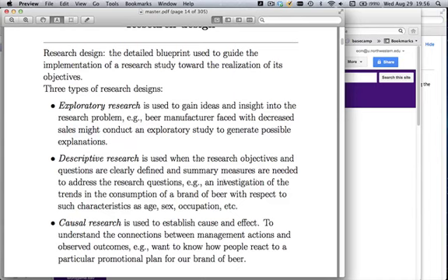The example I give here is perhaps this beer company wants to investigate trends in the consumption of its beer with respect to characteristics such as age, sex, occupation, and so forth. This actually happened to a beer called Pabst Blue Ribbon a few years ago.